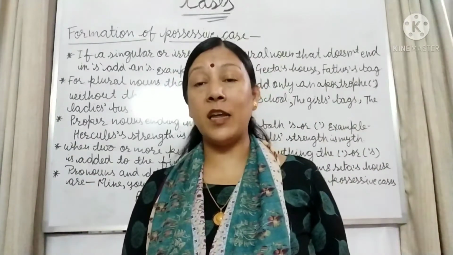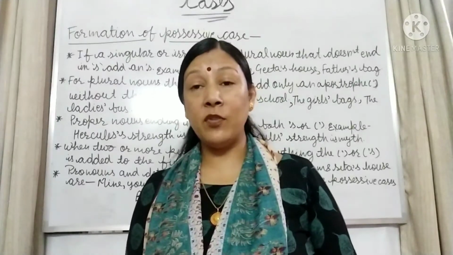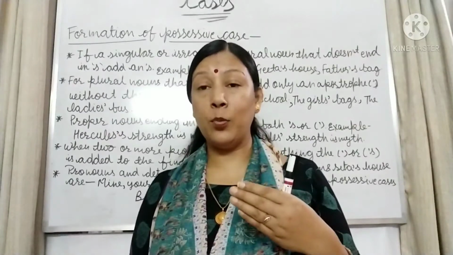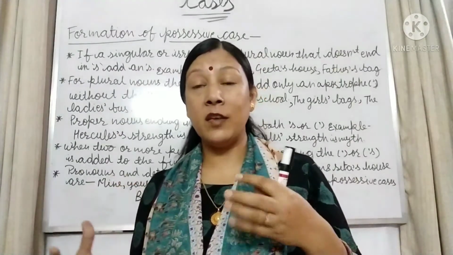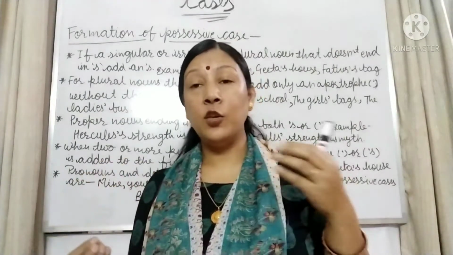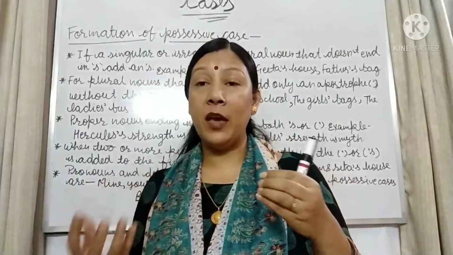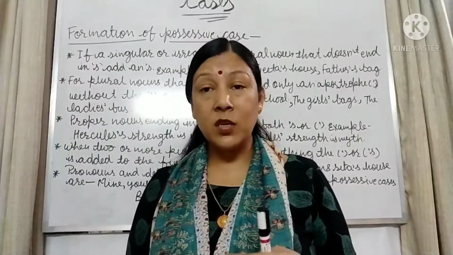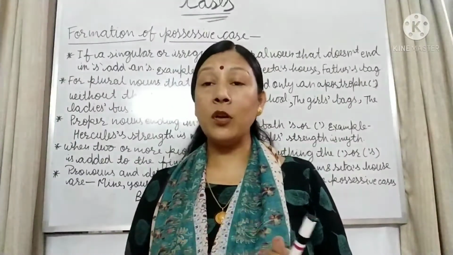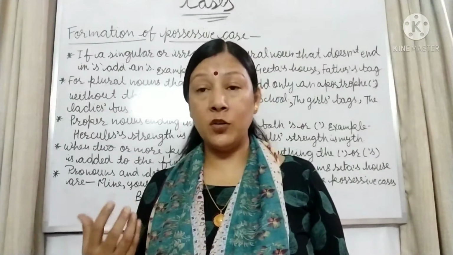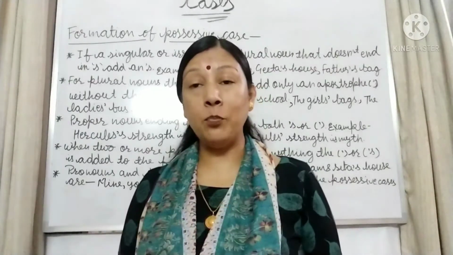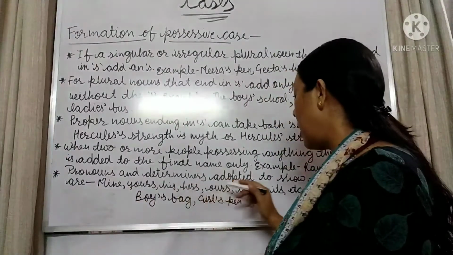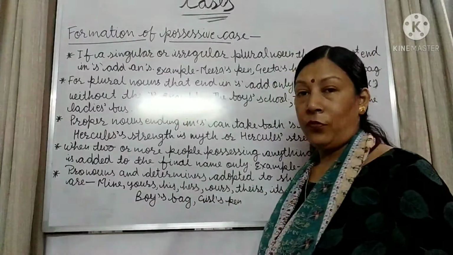These are the words telling you the possession. And what are these words? They are pronouns. Me, you, he, she, they, it become mine, yours, his, hers, theirs, its. So when they are in possessive case, they will be written like mine, yours, his, hers, ours, theirs, its.